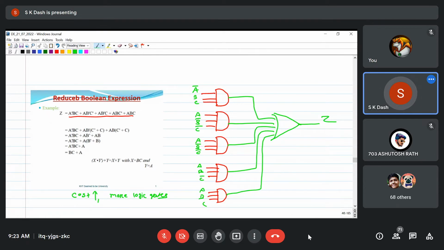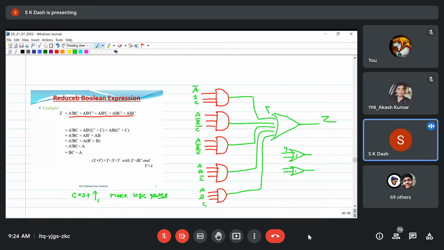Suppose instead of one 5-input OR gate we use 2 OR gates; it is not exactly the same, but it can still be better because the number of inputs is less.